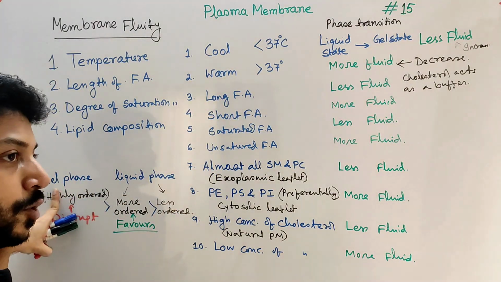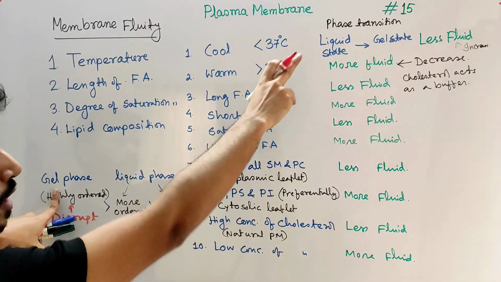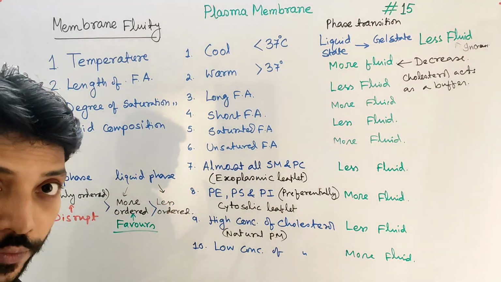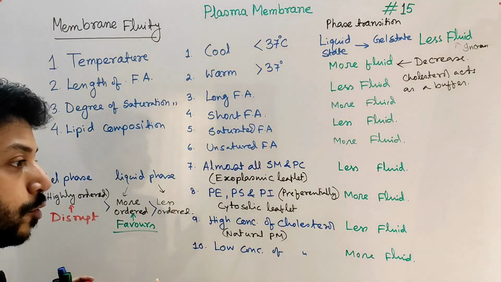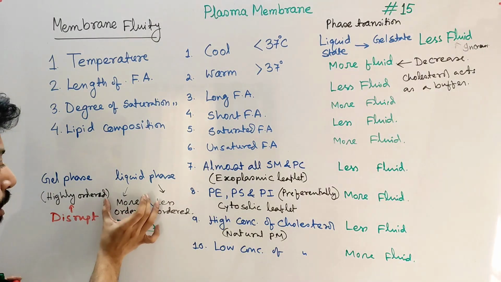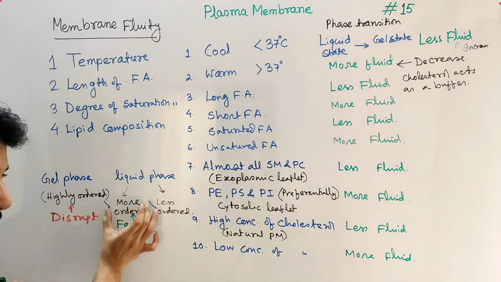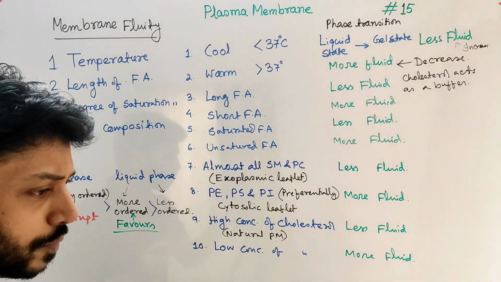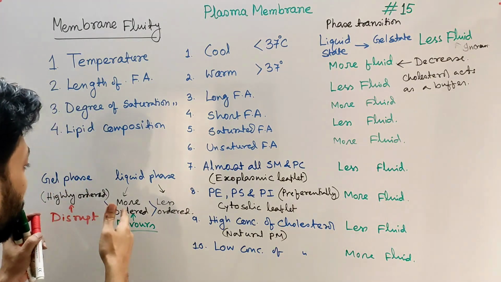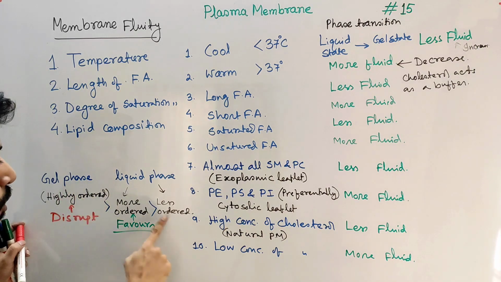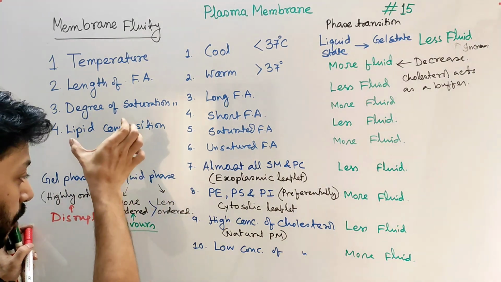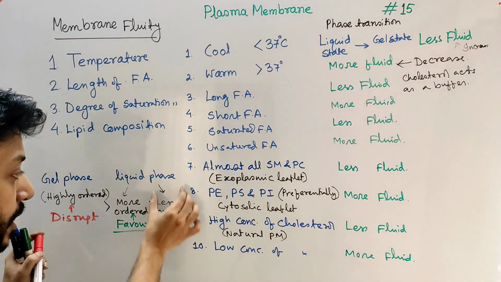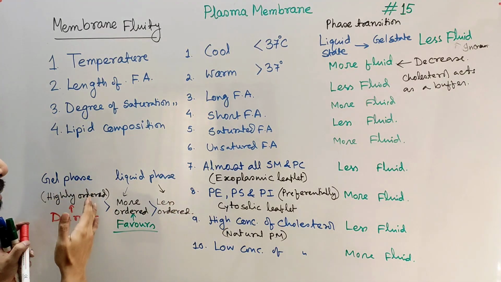The gel phase will undergo a phase transition and become liquid phase. Now the presence of cholesterol tries to keep the membrane in the middle of the ordered states. It will prevent the membrane from going from the gel phase to the less ordered liquid phase. It will try to bring the membrane to the more ordered liquid phase rather than the less ordered liquid phase, but it will disrupt the gel phase.